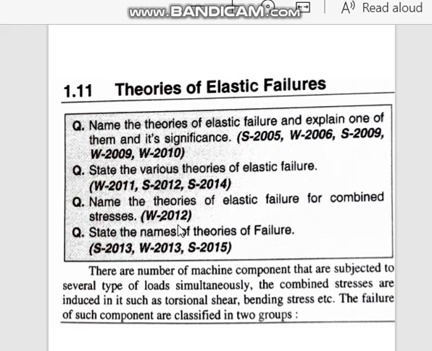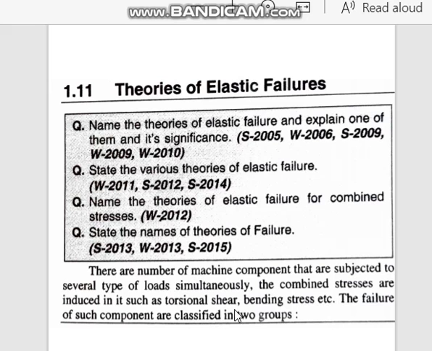You see, there are a number of machine components that are subjected to several types of loads simultaneously at the same time. There can be combined stresses induced in it, like torsional shear, bending, direct tension, transverse shear, and compression also may be there, and like that so many stresses may be acting on a component.